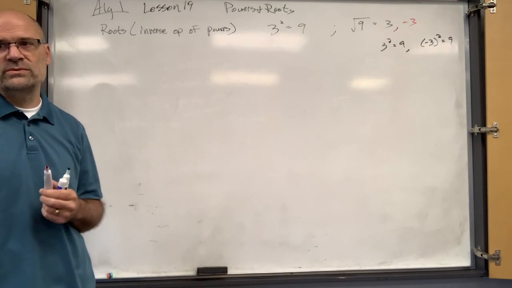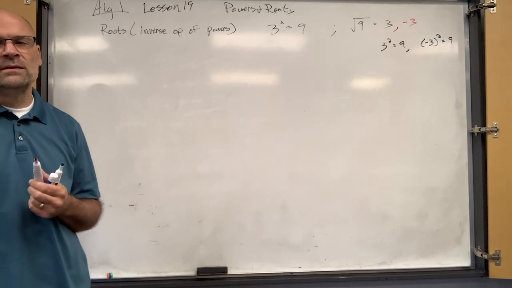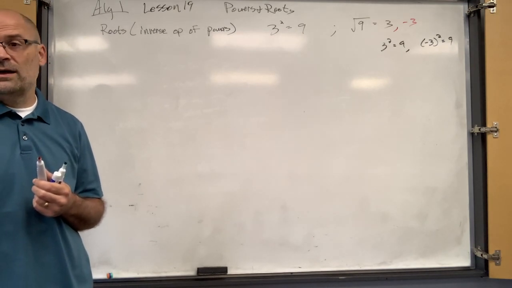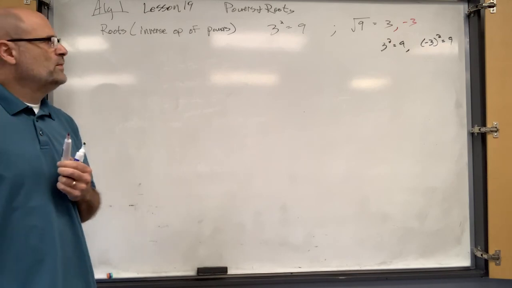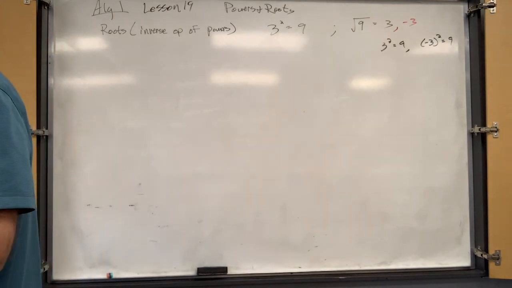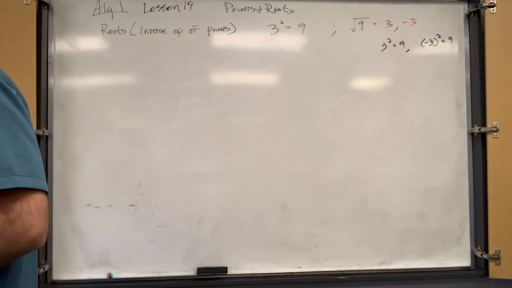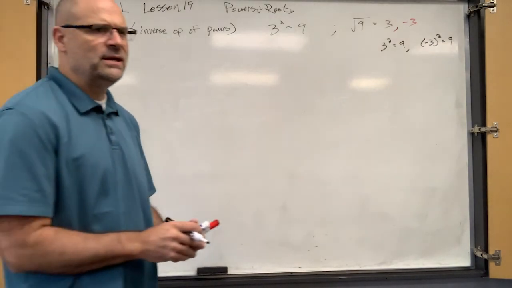There's 2 roots. Okay? What's the square root of 4? 2 and negative 2. Okay? You said 4. You confused me. So there's always 2 roots. What's the cube root of negative 27?